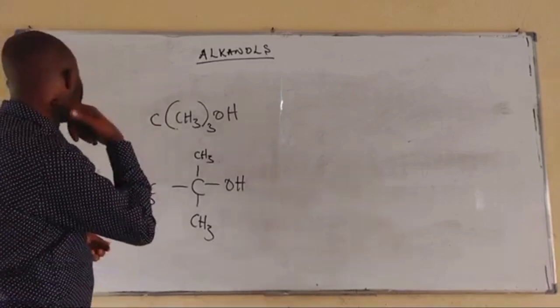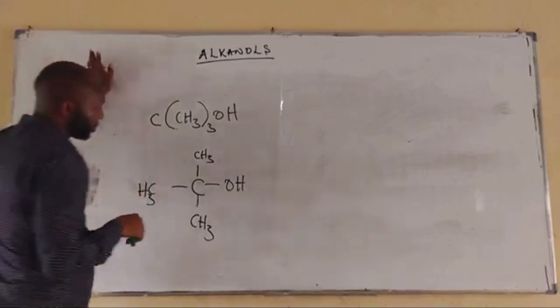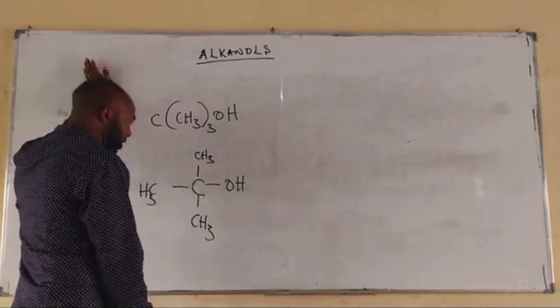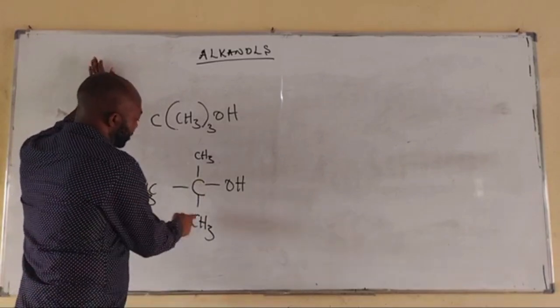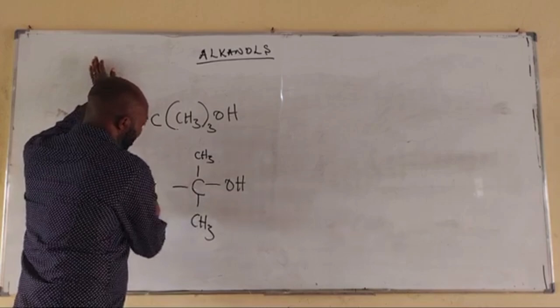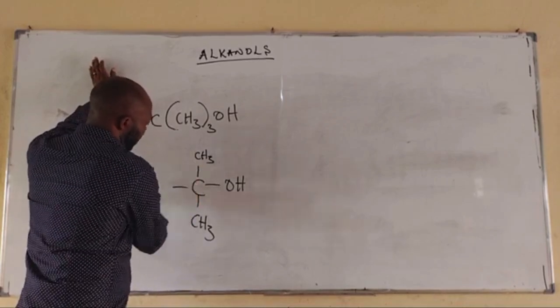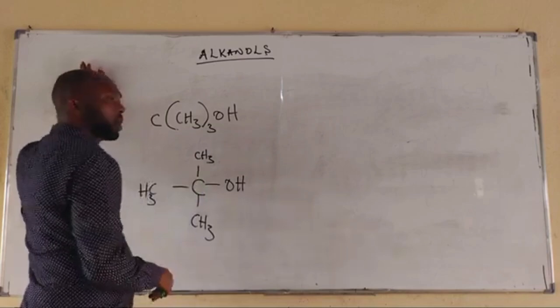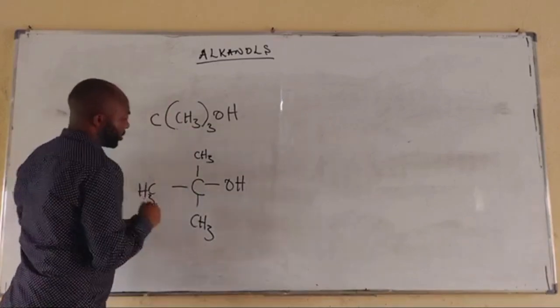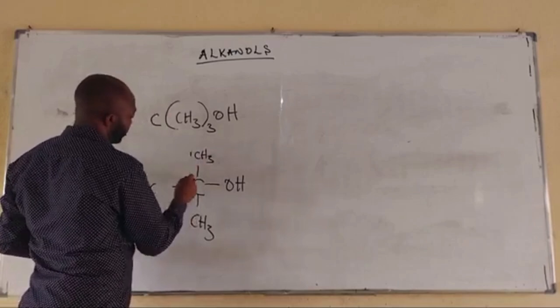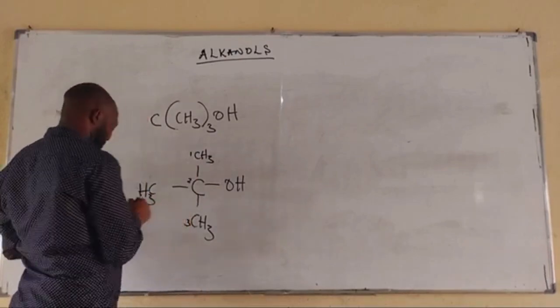So if you look at this structure, this is not position 1. By looking at it, you know that this is either 1, 2, 3, as the case may be. Maybe we should take it straight up this way as 1, 2, and 3.